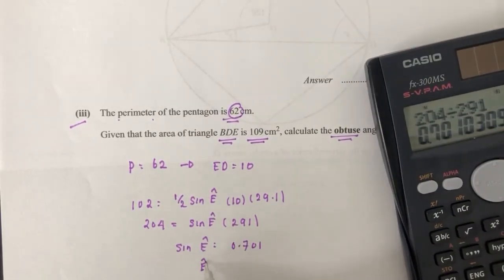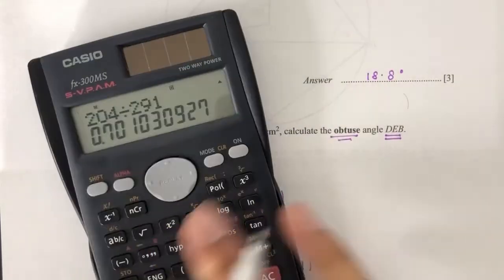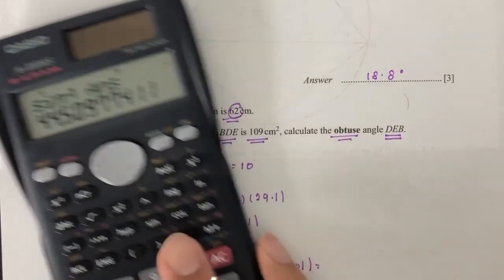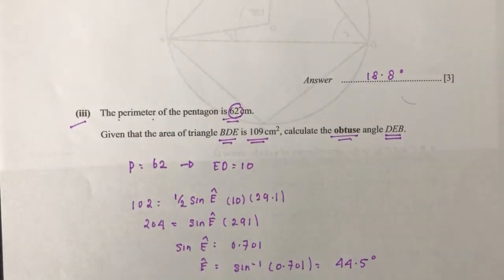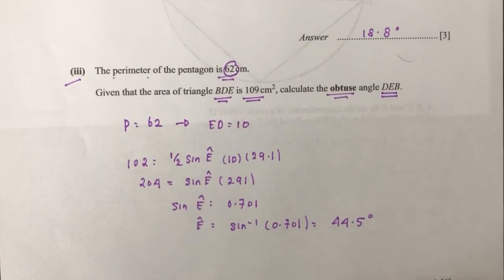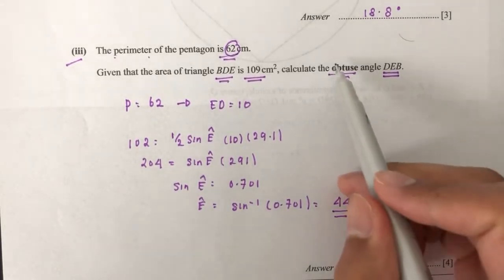So E will be sine inverse of 0.701. That will give you 45.5. So that's the angle E.